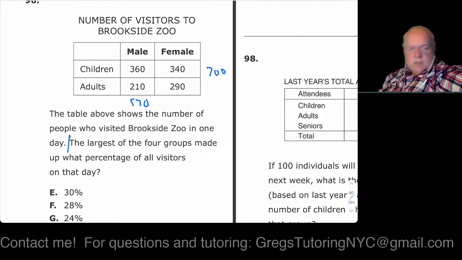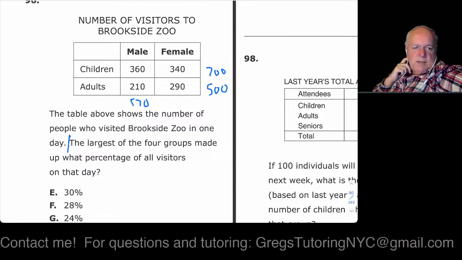All right. So we do need to figure out which group was the larger that day. So it looks like the adults is 500. There was 360 plus 340 children, so that's 700.